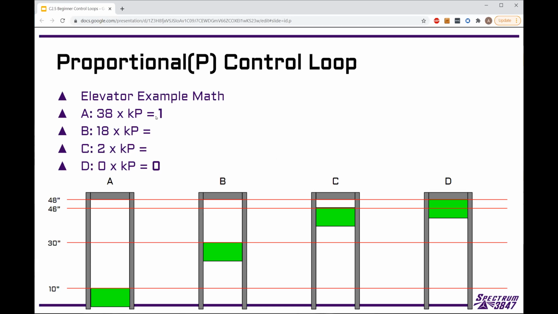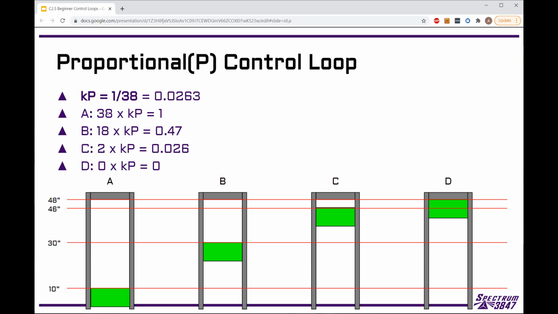One way for us to solve that is if we know A is supposed to be the fastest, we can tell A to be the full speed of the motor. So A can be 1, which is as fast as the motor can go. And then we can solve that equation of 38 times KP equals 1 to give us an idea of where to start with KP for our tuning.